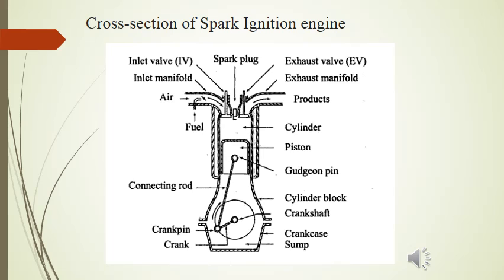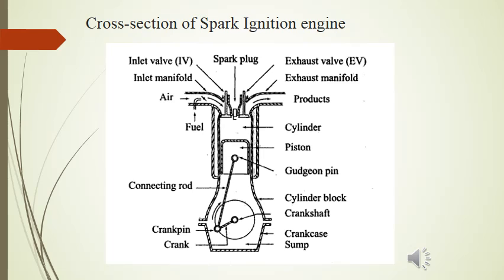Slowly the combustion propagates and it produces high pressure gases, which propels the crankshaft of the engine and produces power. Then the products of combustion or exhaust gases are scavenged out of the engine through exhaust manifold.